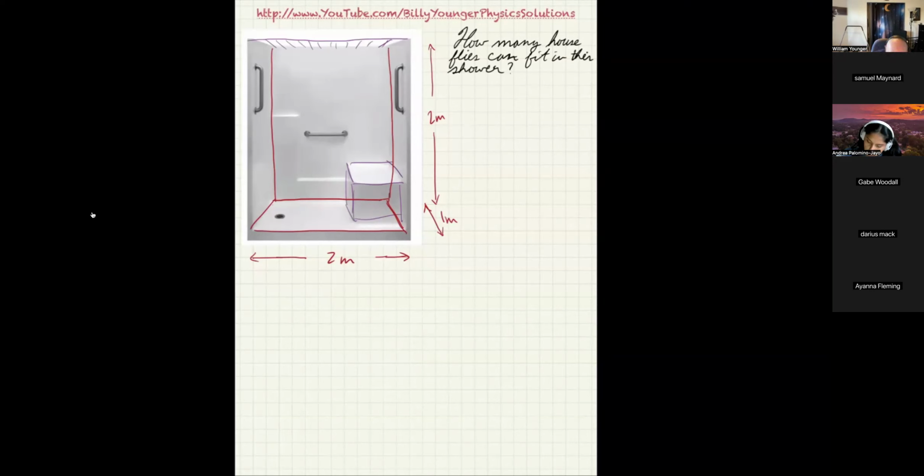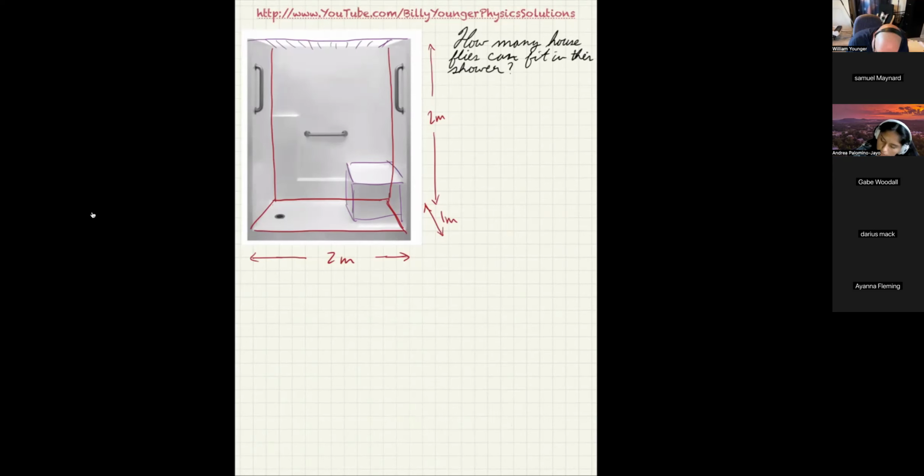Notice how I'm estimating the size of it in the metric system. That's something you've got to be able to do. You've got to get used to that and learn how big a centimeter is, how big a meter is, how big a kilometer is, how big a millimeter is, that sort of thing. And you've got to have some idea of how big a fruit fly is.